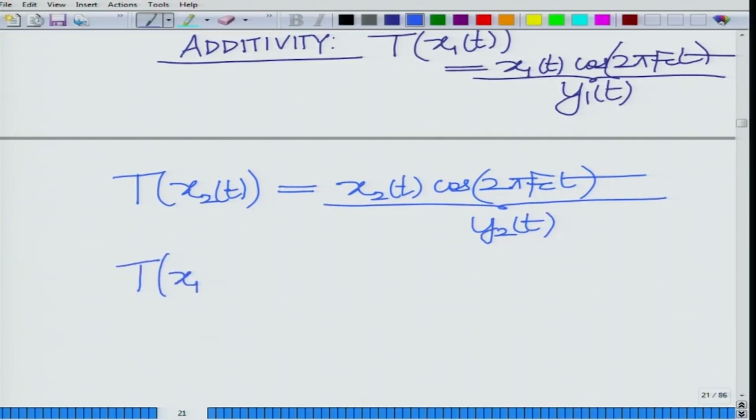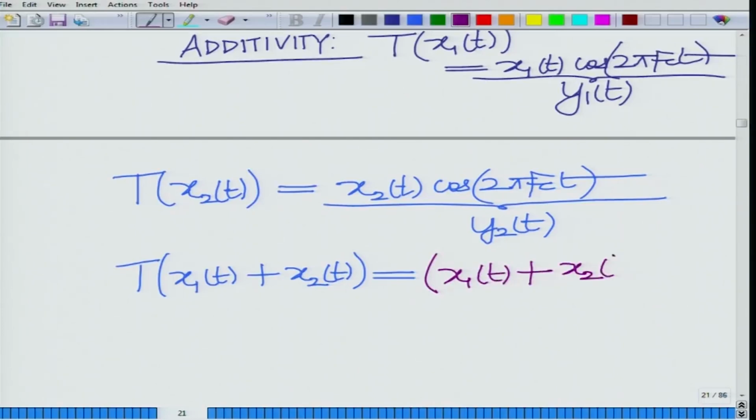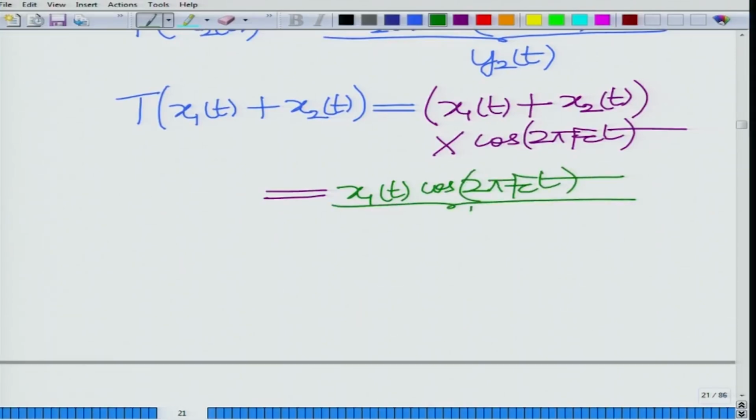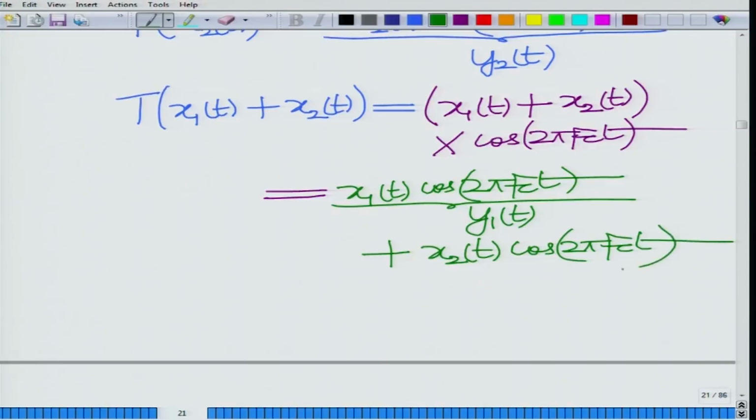Now T of x1(t) plus x2(t) is equal to, you can see, your modulating signal x1(t) plus x2(t) times cosine 2 pi fct, which is again x1(t) cosine 2 pi fct, that is y1(t), plus x2(t) cosine 2 pi fct, which is y2(t).